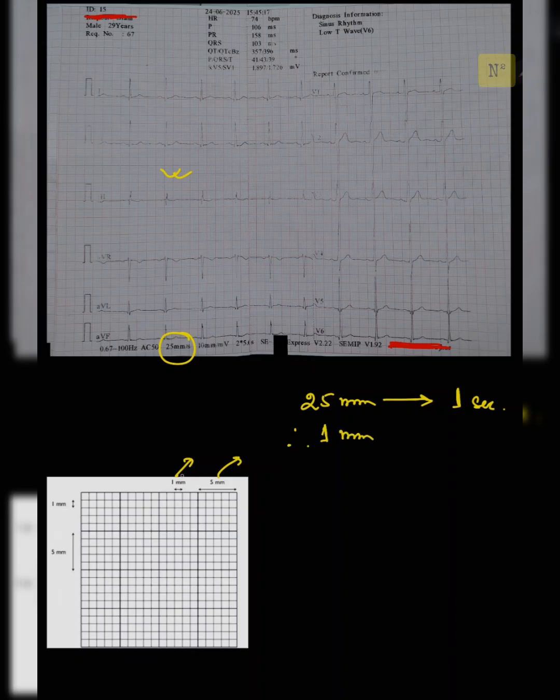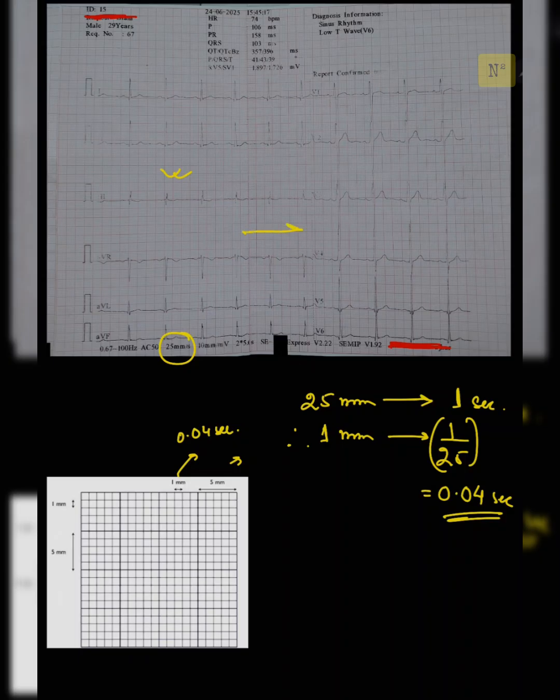That means the time taken to travel 1 small square is 1 by 25. So what will be the value? 0.04 second. So this much space takes around 0.04 seconds. This gives us the x-axis of the graph.